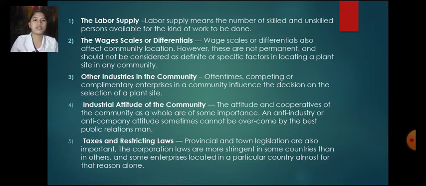Number 4 is the industrial attitude of the community. The attitude and cooperation of the community as a whole are of some importance, and an anti-industry or anti-company attitude sometimes cannot be overcome by the best public relations man.